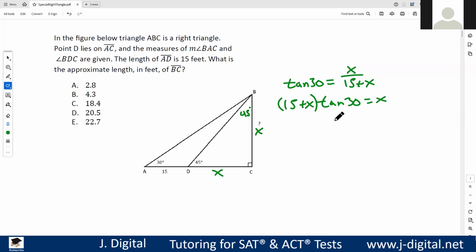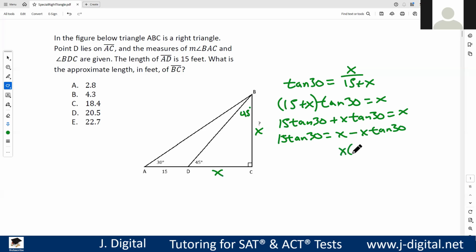We can distribute the tangent of 30. I'm going to make the x's the same side. Then factor out the x.